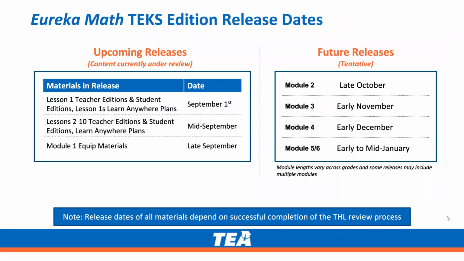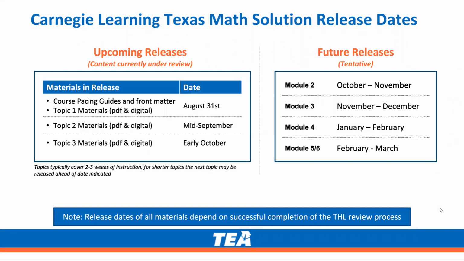For Eureka Math TEKS edition, we will see lesson 1 materials, but you can see quite a bit available on the site today. And then we'll continue to roll out over the course of September additional materials, and that equip should be out later this month to help with formative assessment. And we'll continue to update the modules through our review and approval process.